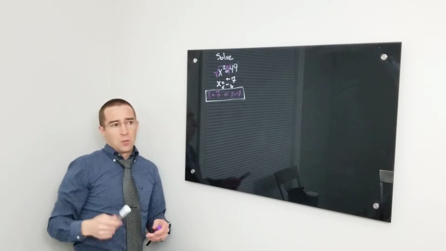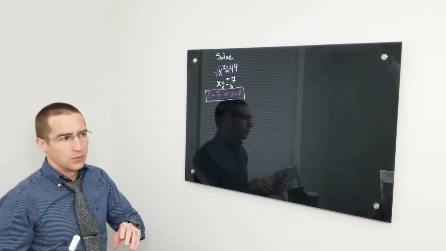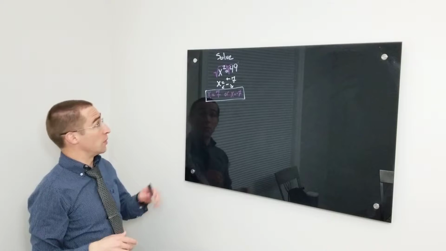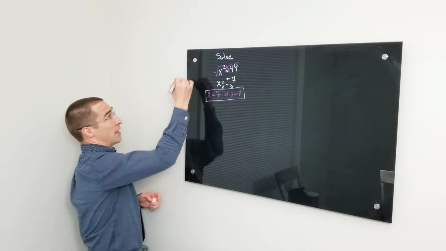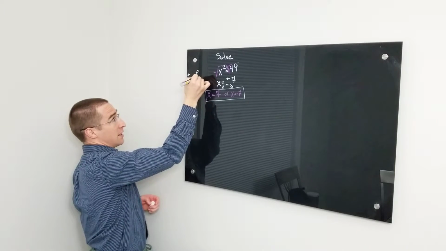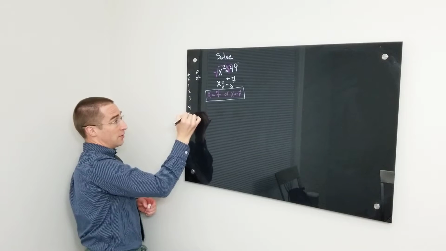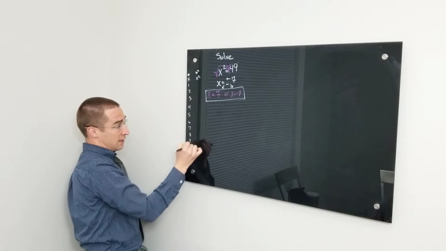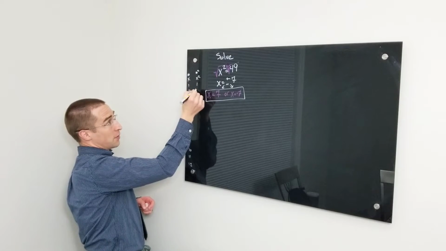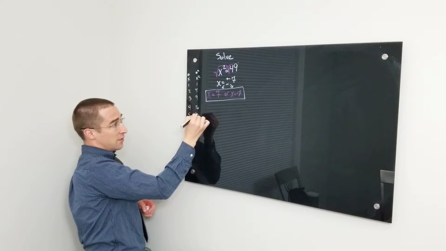So while doing these problems, it's really, really handy to know at least 1 through 12 what those numbers are squared. So I'm just going to write them here. So we're going to have the number and then the number squared. So it could be like x and x squared. So if I have 1, 2, 3, 4, 5, 6, 7, 8, 9, 10, 11, 12. 1 squared is 1, 2 squared is 4, 3 squared is 9, 4 squared is 16, 5 squared is 25.